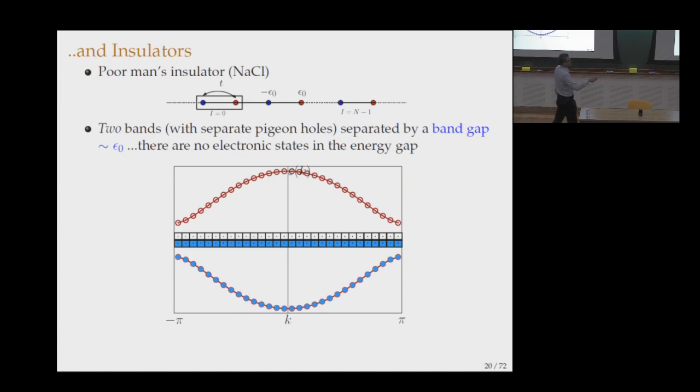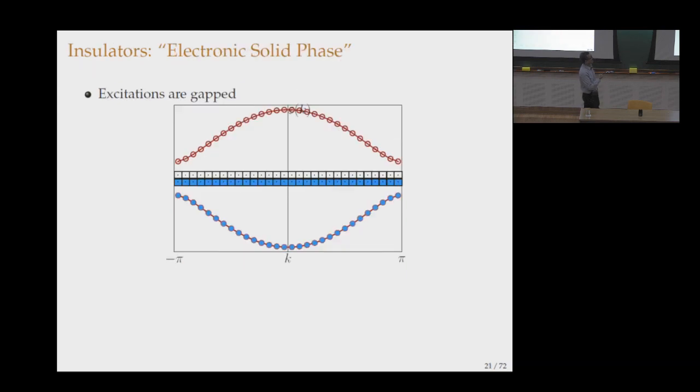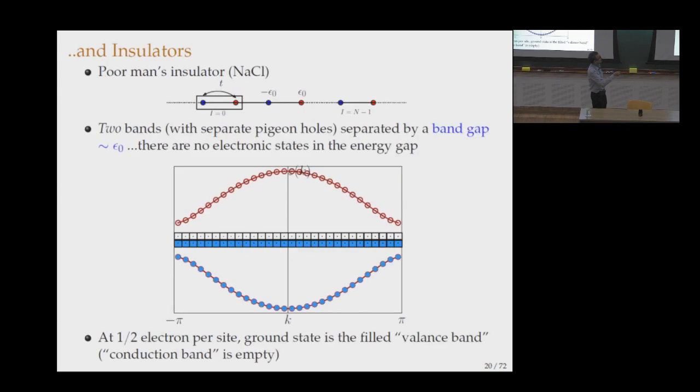Now note that if I try to create an excitation in this, I take this electron out of the so-called valence band and occupy a state in the upper band, constructing a Slater determinant with this state instead of the state in the valence band. This will cost me a finite energy for excitation, which you can show from explicit calculation is roughly proportional to E0.